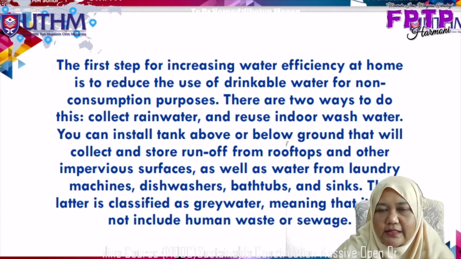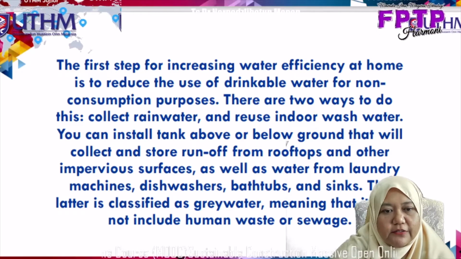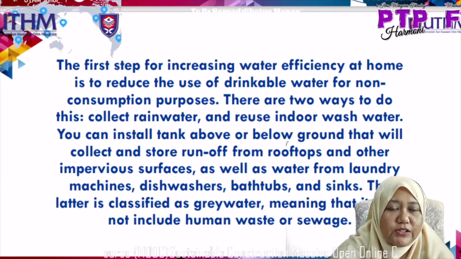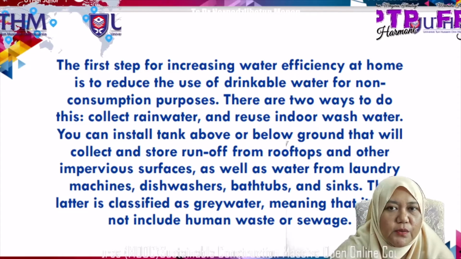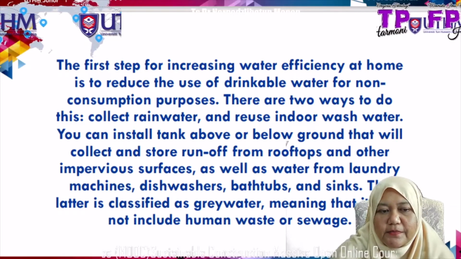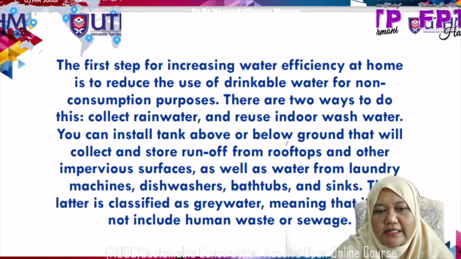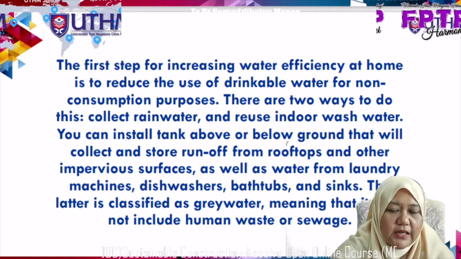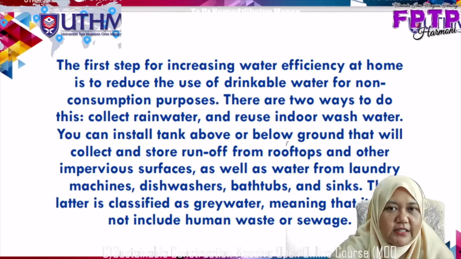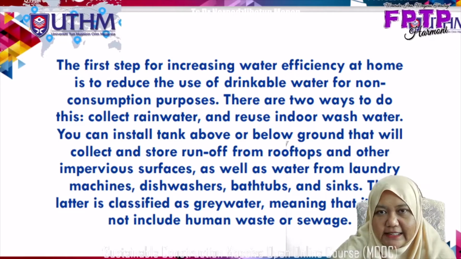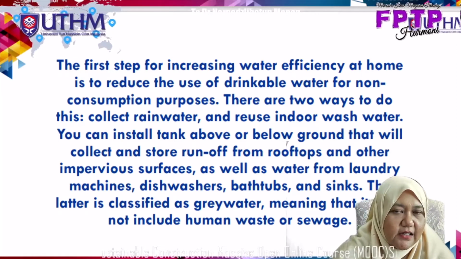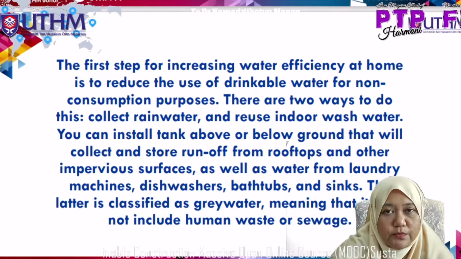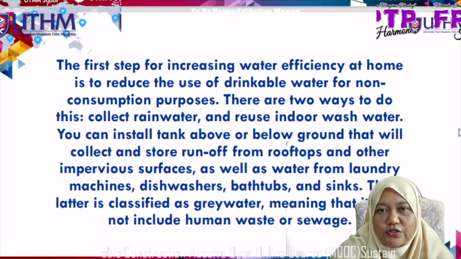You can install a tank above or below ground that will collect and store runoff from rooftops and other impervious surfaces, as well as water from laundry machines, dishwashers, bathtubs, and sinks. The latter is classified as grey water, meaning that it does not include human waste or sewage.